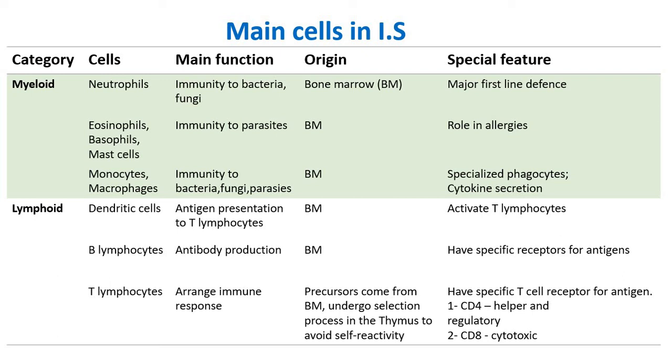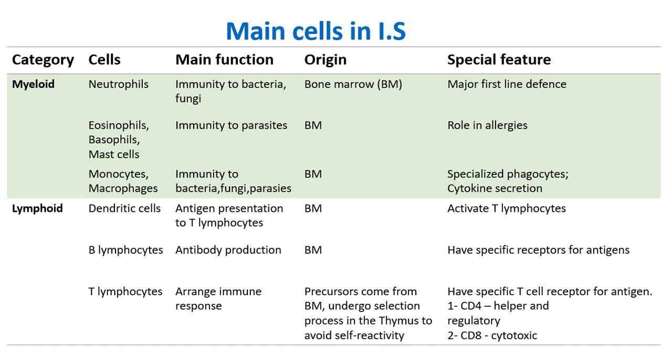The lymphoid category consists of three different cell types: dendritic cells, B lymphocytes, and T lymphocytes. The main function of dendritic cells is to present antigen to T lymphocytes.